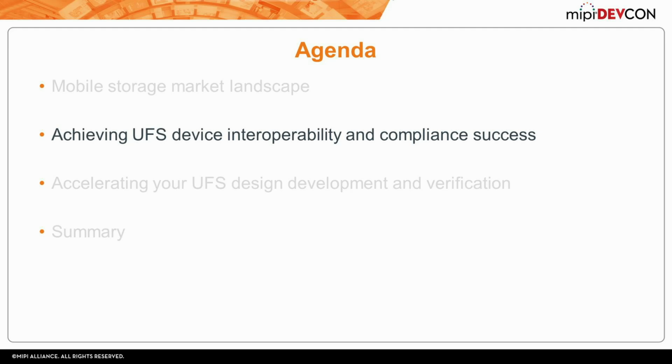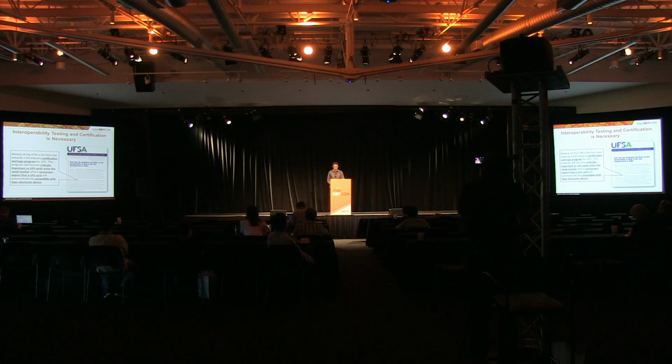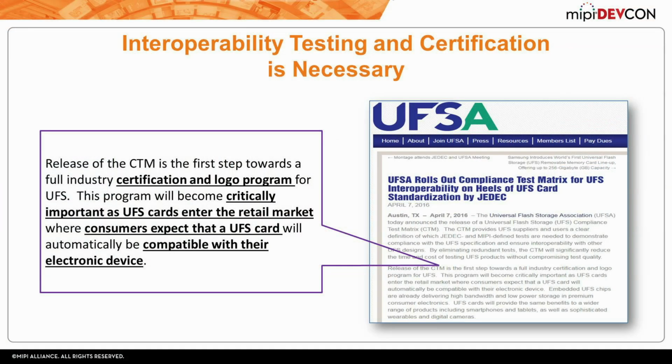So let's look into why it's so important to achieve UFS device interoperability and compliance success, especially now. The UFS Association has announced the CTM, the Compliance Test Matrix for UFS interoperability. As you can see, there's an interest from the market to have a well-defined program, a well-defined document that specifies the requirements to achieve compliance and therefore ensure UFS interoperability.